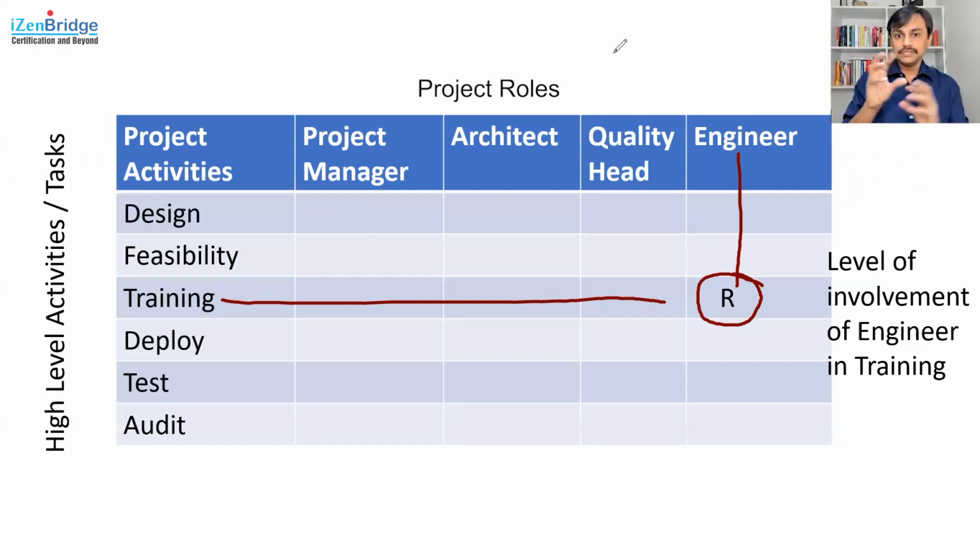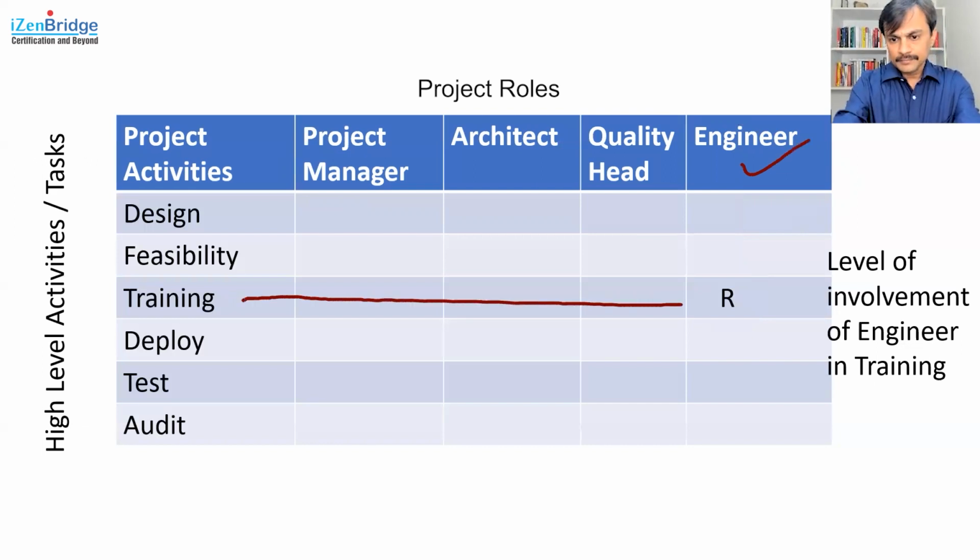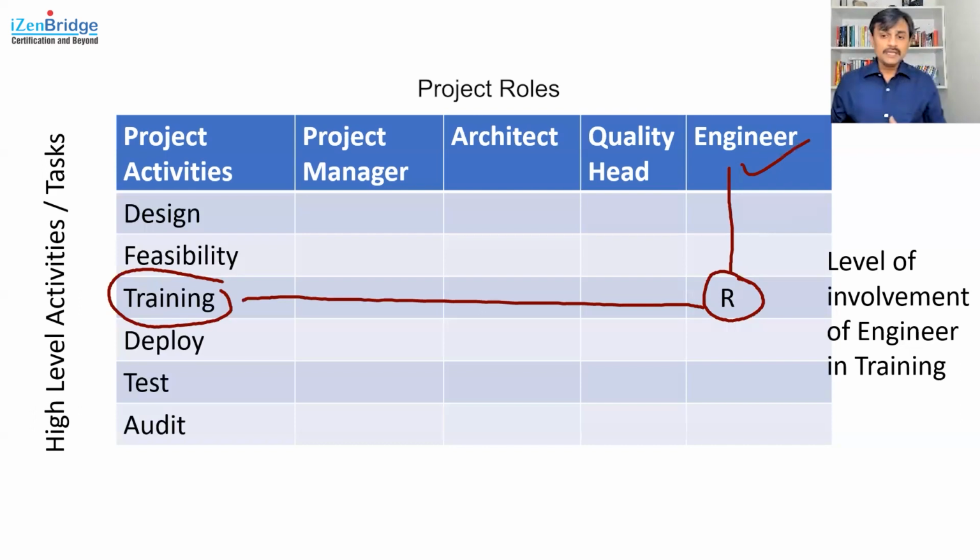We'll look into the difference between all these 4 so that we can understand how to use this RACI matrix. In this particular example, we are saying that the engineer is responsible for doing training. So we have an activity called training, and we are saying the engineer should be doing it. What does it mean?